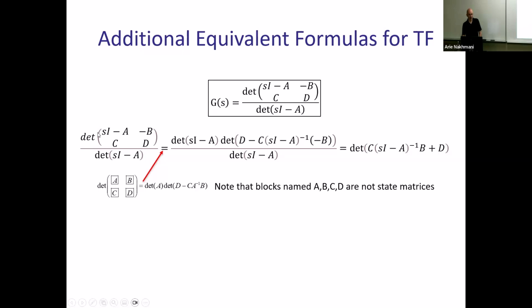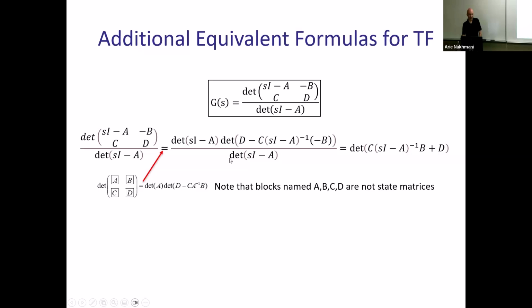A inverse is that block inverse, the thing which is called the resolvent, inverse, times, and finally you have block B, which here is minus B. So let's simplify that. The minus will go here, so this will become plus, and you will have practically C times (sI minus A) inverse times B plus D inside of the determinant.